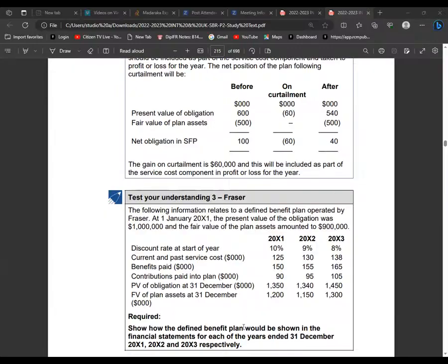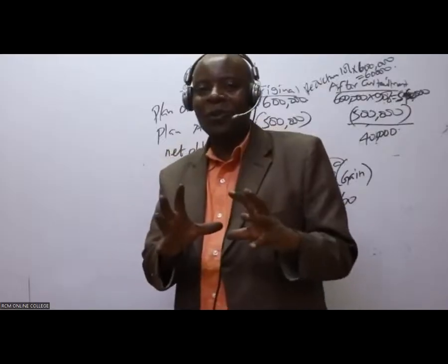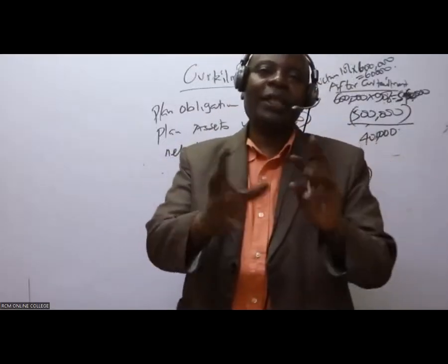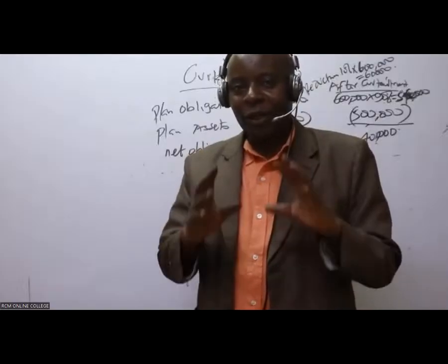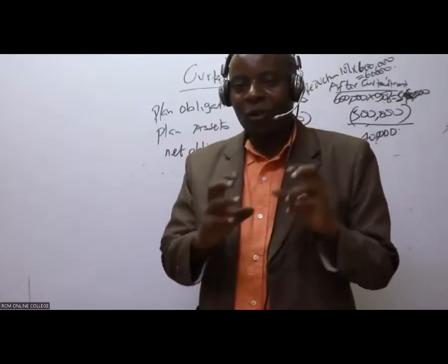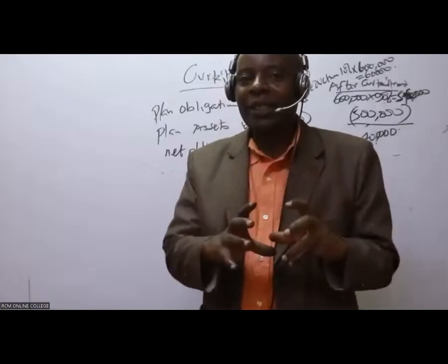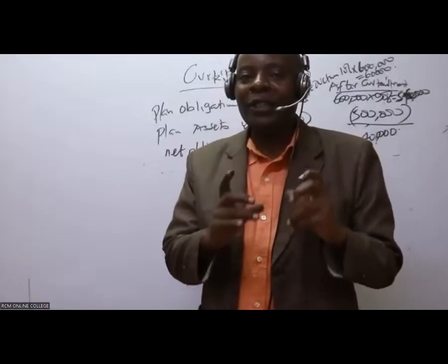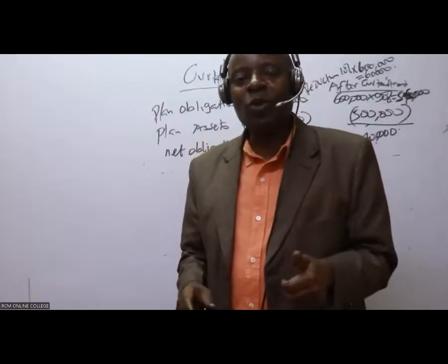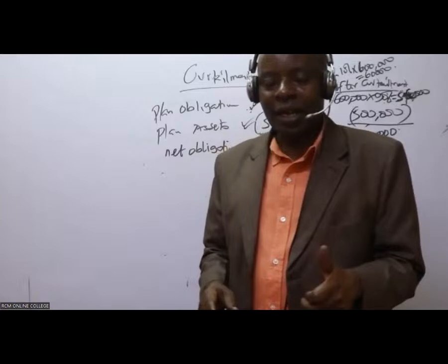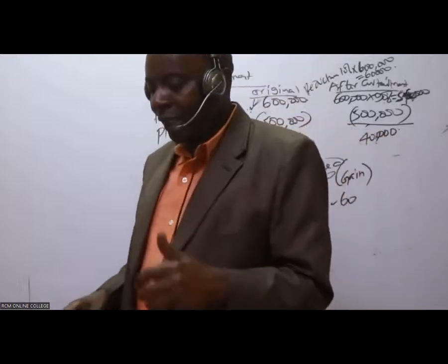I simply wanted to bring about, because of theory, this concept of curtailment, for you to know what curtailment is. And if we have gains or losses on curtailment, we are going to adjust the service cost that we have in the P and L. And then I should be able to go to the last thing in this case, which is the asset ceiling.